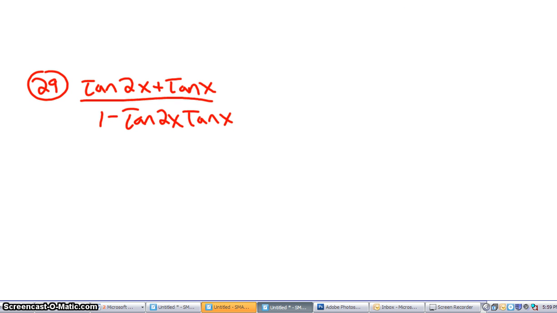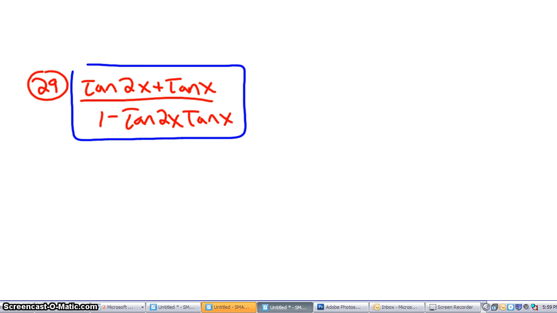Now 29 is in a group where they're asking us to look at a problem and see if we can write that as a sum or difference from one of our functions. Now if I look at this, this obviously will be something to deal with a tangent u plus a v. Now what could that u be?